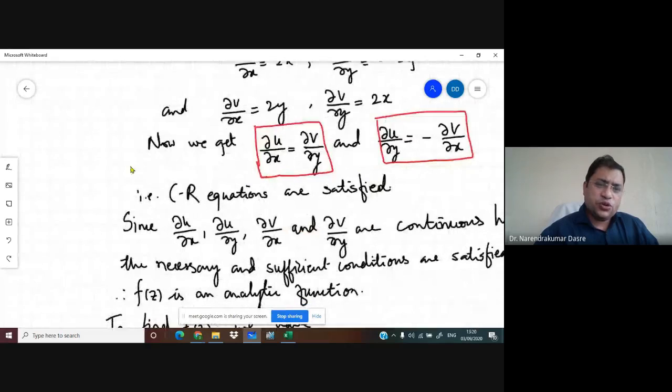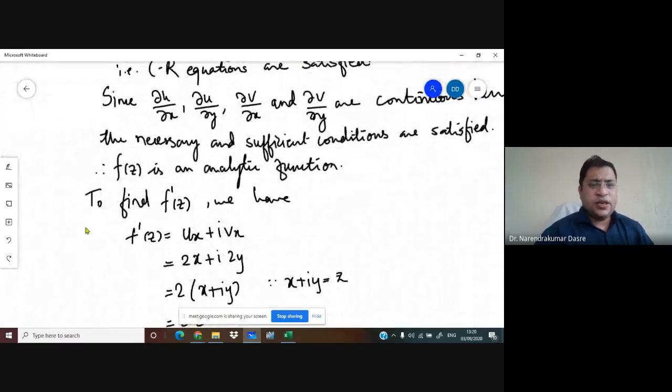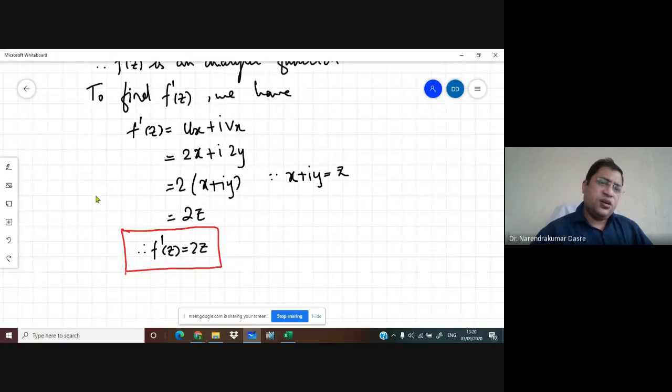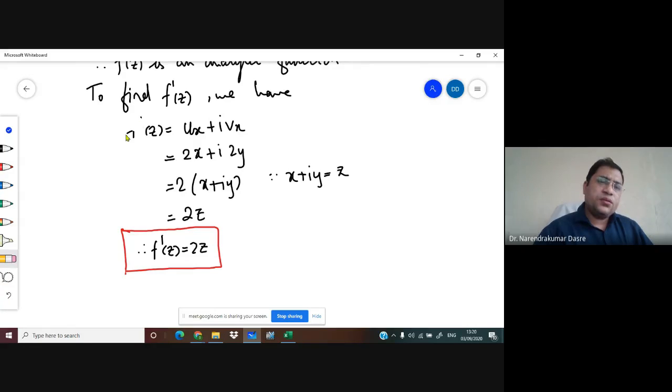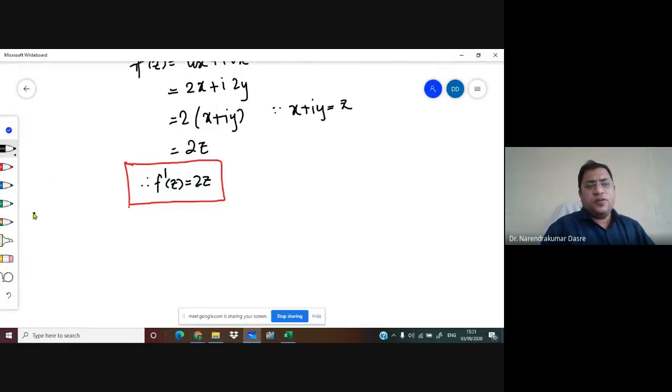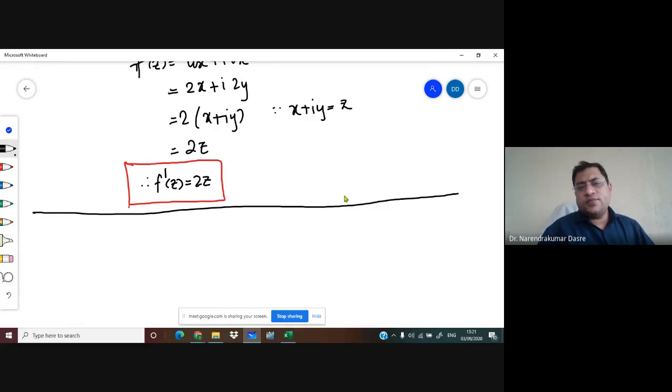We proved that it is an analytic function using the CR equation and the necessary and sufficient condition, and then using the formula for f dash of z, we calculated the derivative f dash of z, and we proved that it is going to be 2z. So please be careful while writing 2 and z. So we have to be careful.